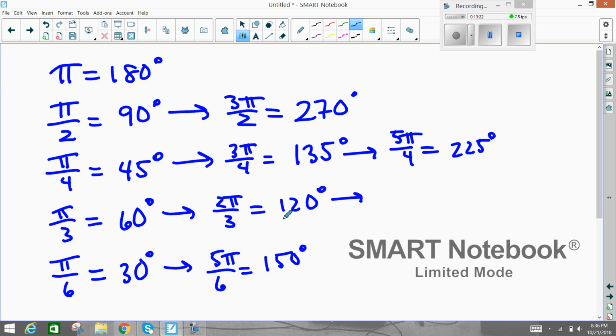And 4 pi over 3 would be 4 60s, which is 240 degrees. And let's try 7 pi over 6, which equals 7 30s, which is 210 degrees. This is pretty cool, right?